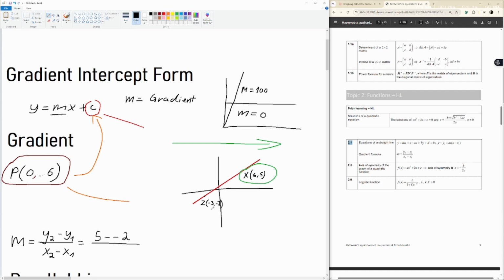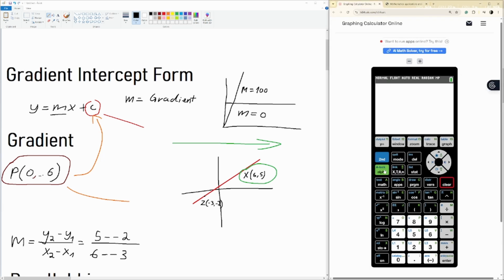And so in this case, x2 is 6, and you do minus x1, so it's minus minus 3. You can always do this in your calculator: 5 minus minus 2 and 6 minus minus 3, and you get your answer to be 7 over 9.